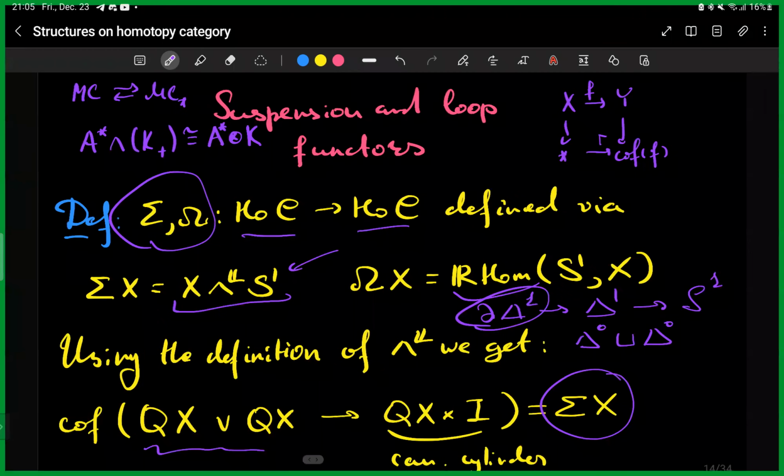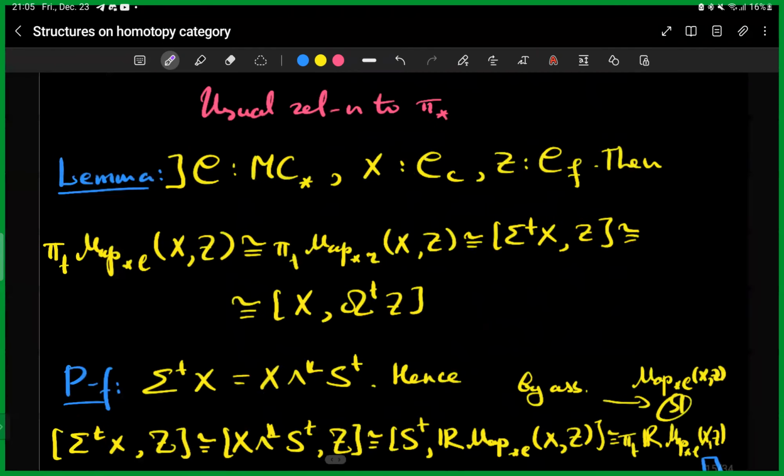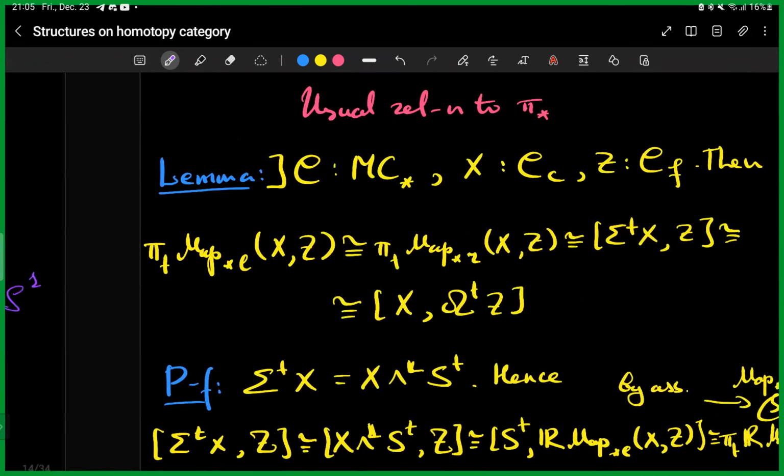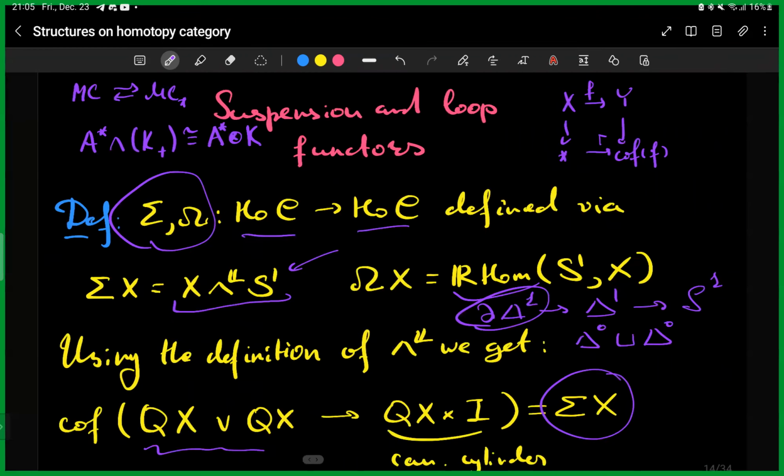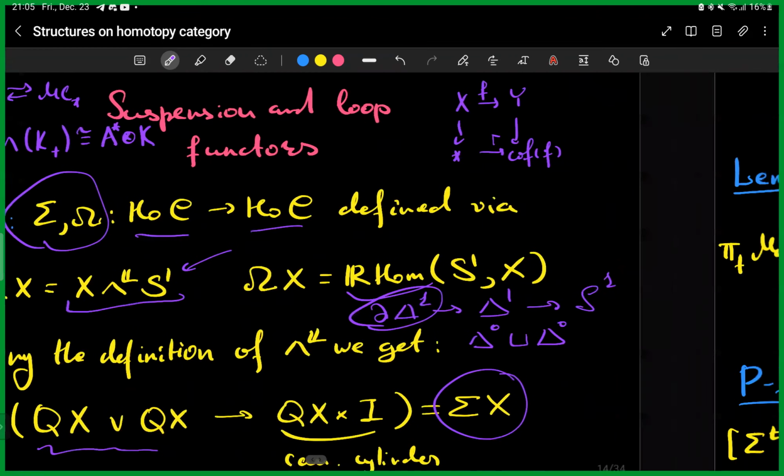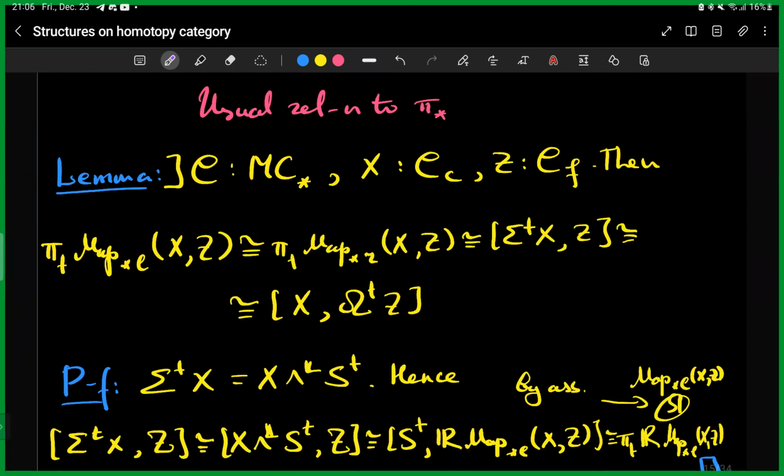So let's move on to a familiar result about suspensions and loop functors. For an arbitrary pointed model category, for arbitrary cofibrant object X and fibrant object Z, we have a sequence of isomorphisms.